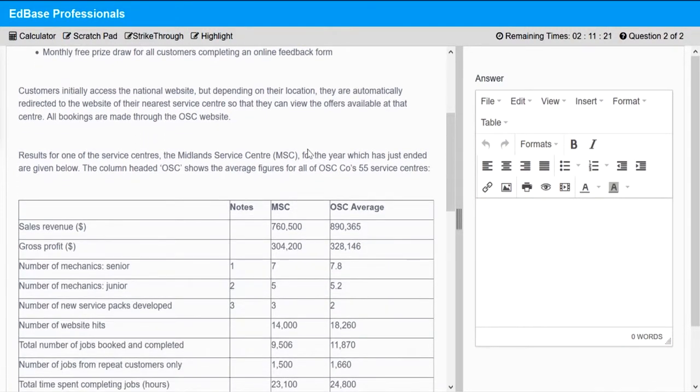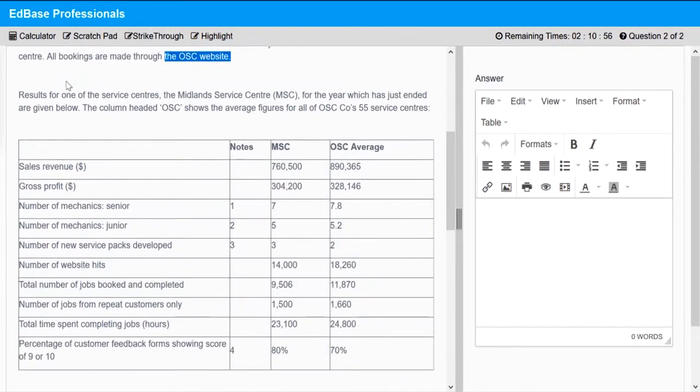Now, customers initially access the national website, but depending on their location, they are automatically redirected to the website of the nearest service center so that they can view the offers available at the center. All bookings are made through the OSC's website. So this could be another piece of information that might be needed somewhere. Let's see.